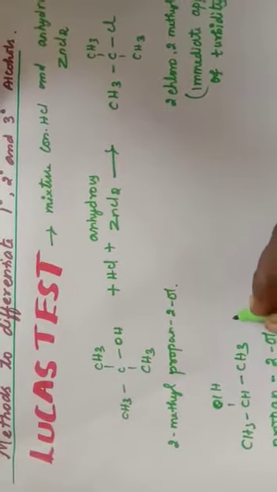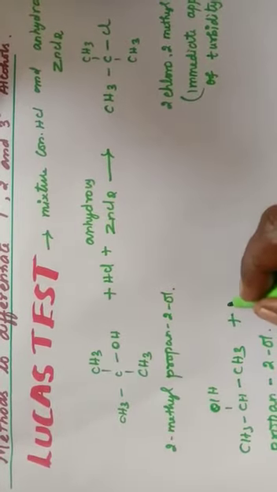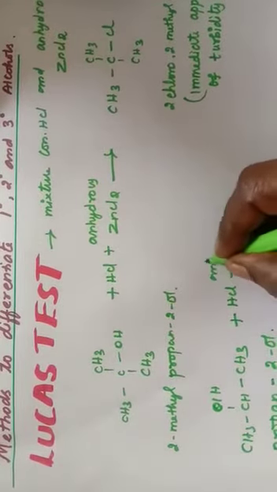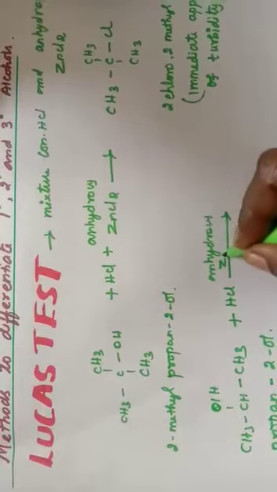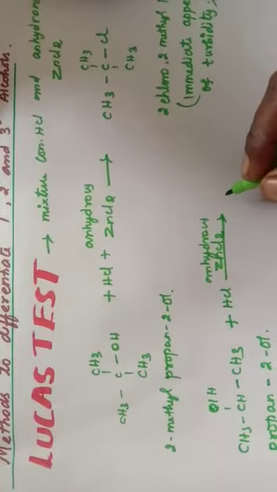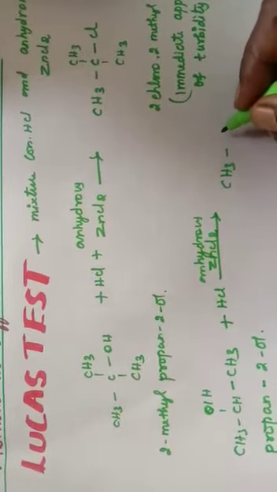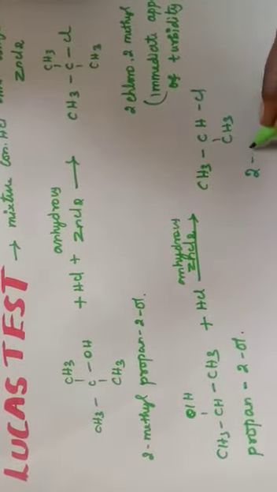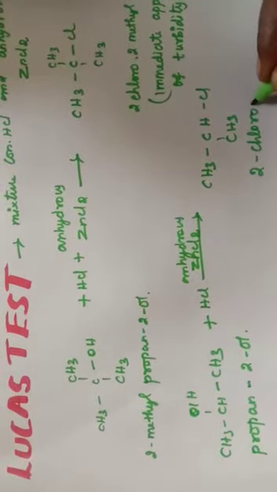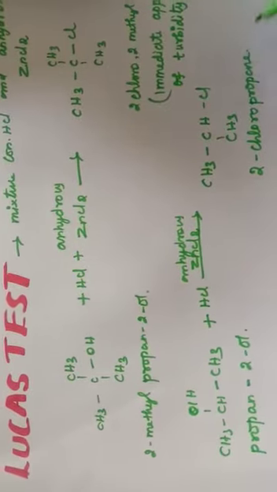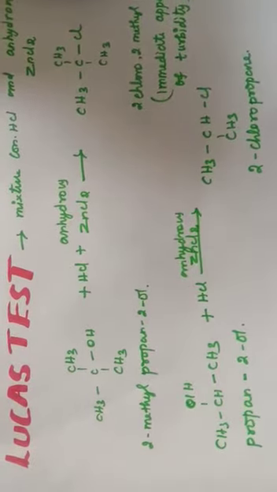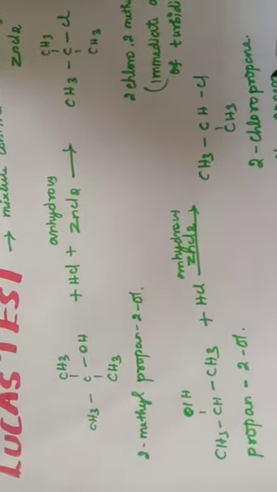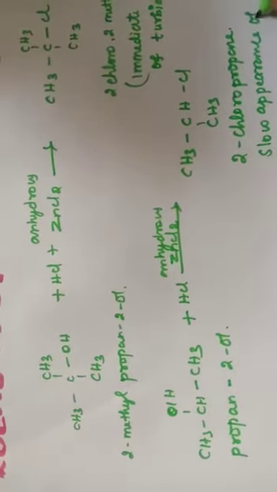When this propan-2-ol reacts with Lucas reagent, that is a mixture of concentrated HCl and anhydrous ZnCl2, zinc chloride, we will be getting 2-chloropropane. Here the reaction takes place within 10 minutes, so there is slow appearance of turbidity.